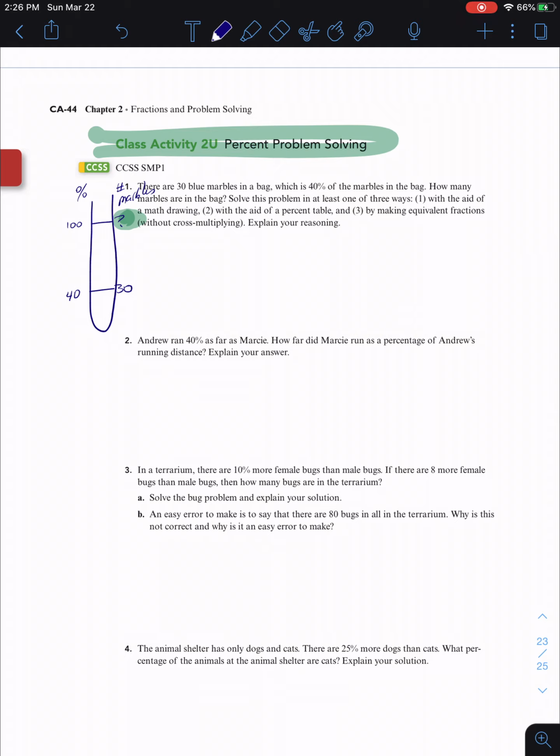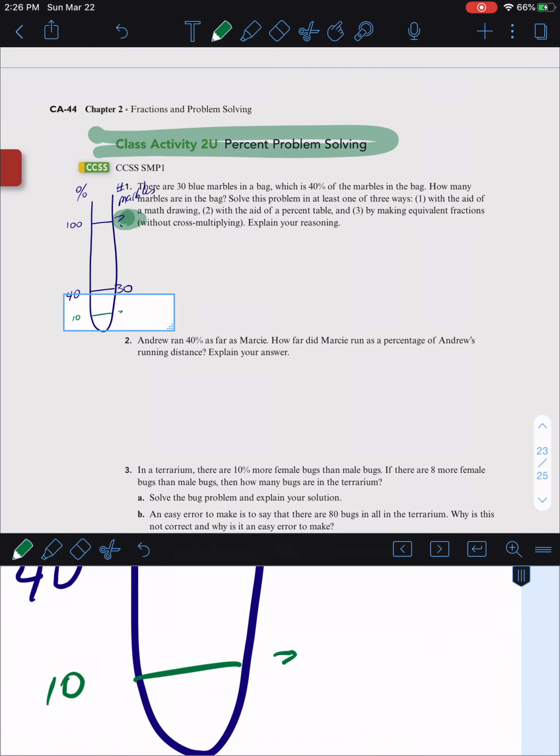So if we know the 40% is 30 marbles, we can find 10%. I've been using green, so let me switch to green. And that's a fourth of 30. All right, so it's 15. That's 7.5.